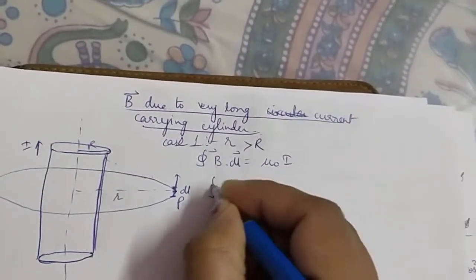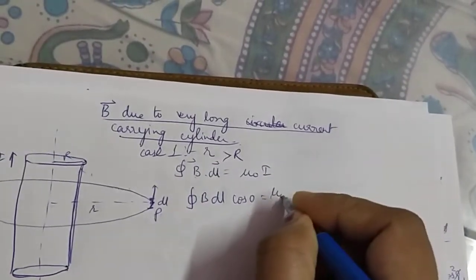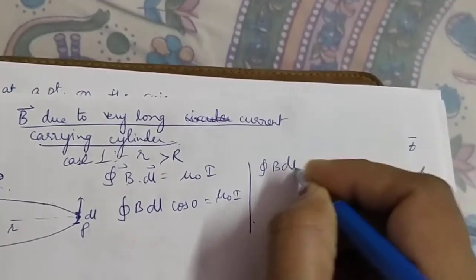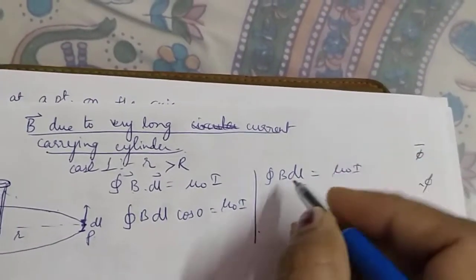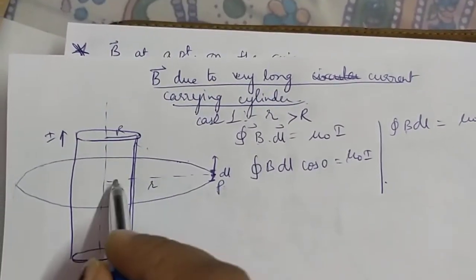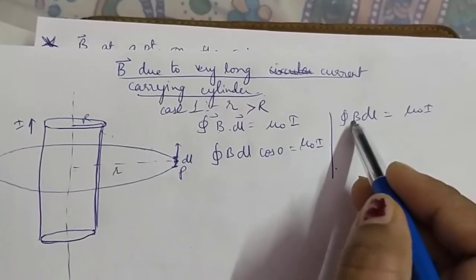So what we will get, B dl cos 0 is equal to mu naught I. Okay, now cos 0 is 1, so integral B dl is equal to mu naught I, and B, due to symmetry, every point on this Amperian loop is at same distance from this wire or cylinder.